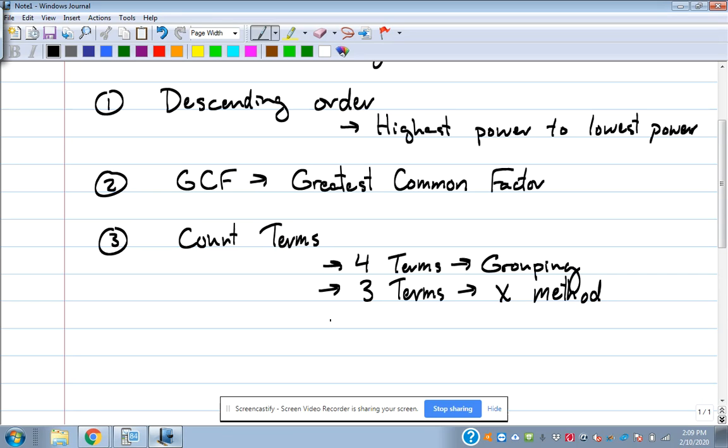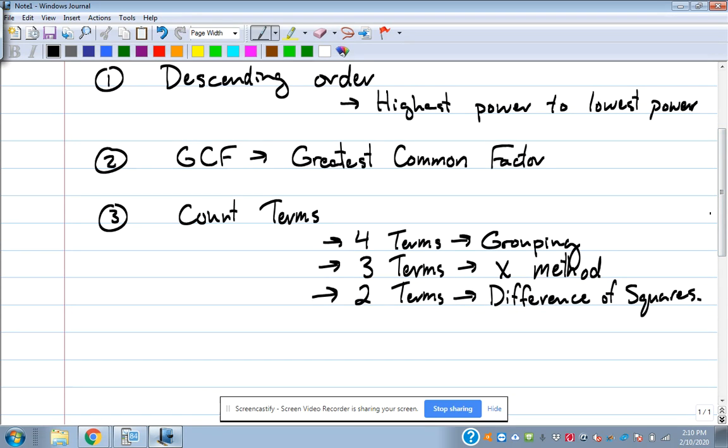It's really easy to pick up, and I think it helps just keep you organized. And then two terms. Two terms, the only thing that we've learned up to this point is called difference of squares. We'll review all of these things and get you on track with factoring quadratics or just polynomials in general today.